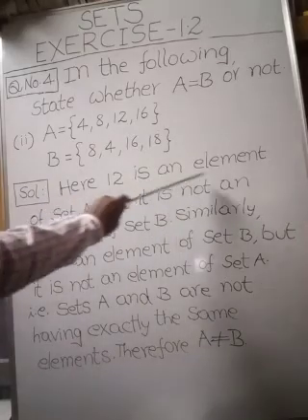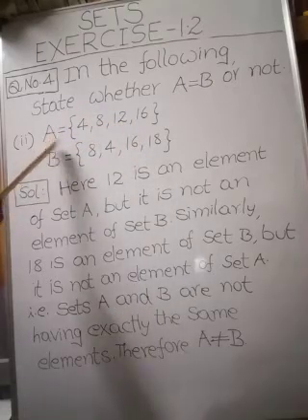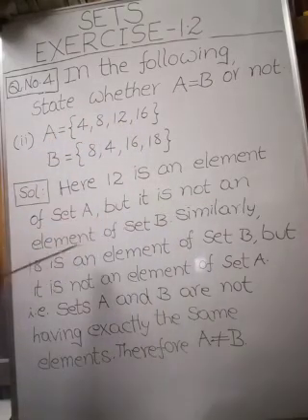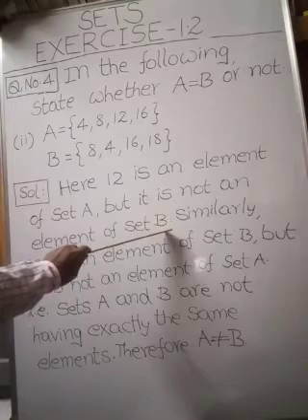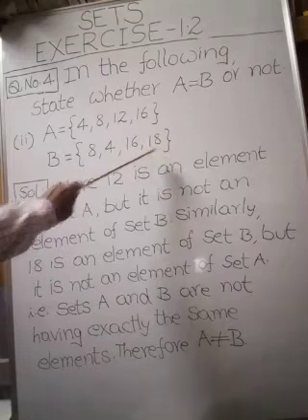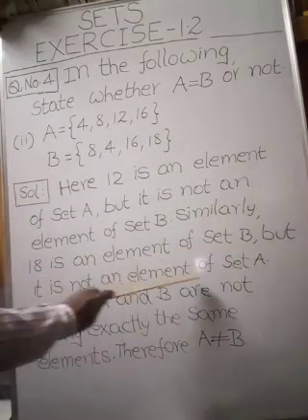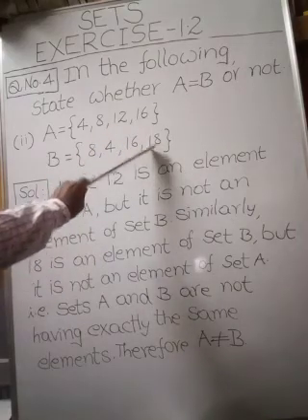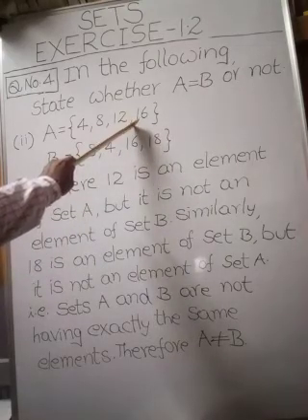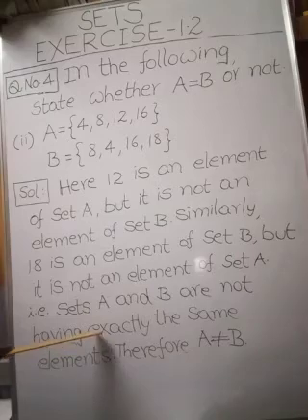Here 12 is an element of set A, but it is not an element of set B. Similarly, 18 is an element of set B, but it is not an element of set A. Understood, my dear children? That is, sets A and B do not have exactly the same elements.